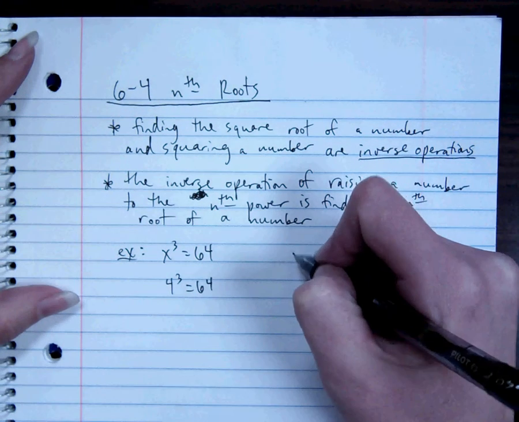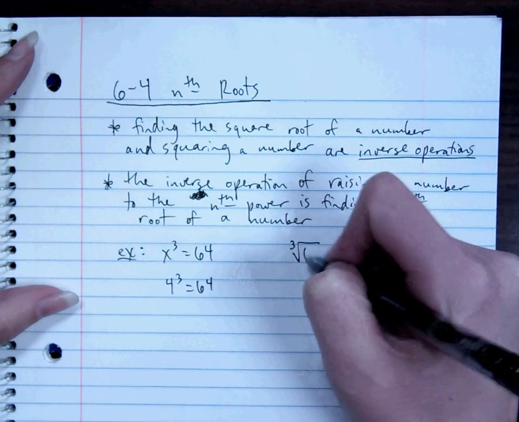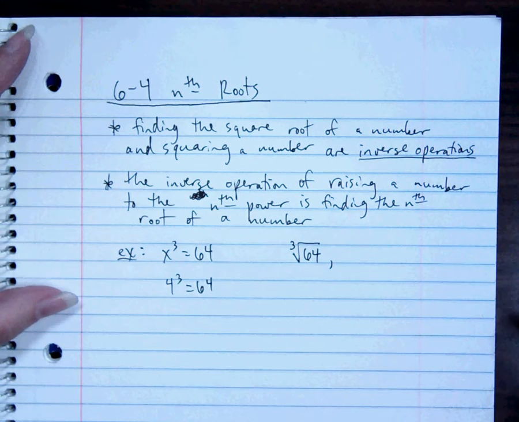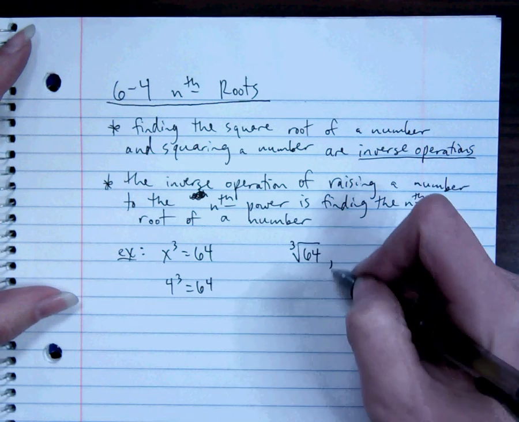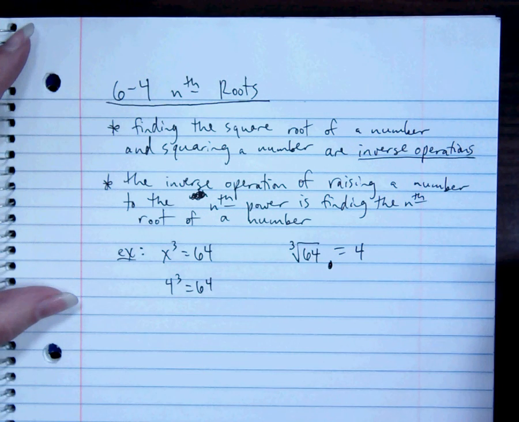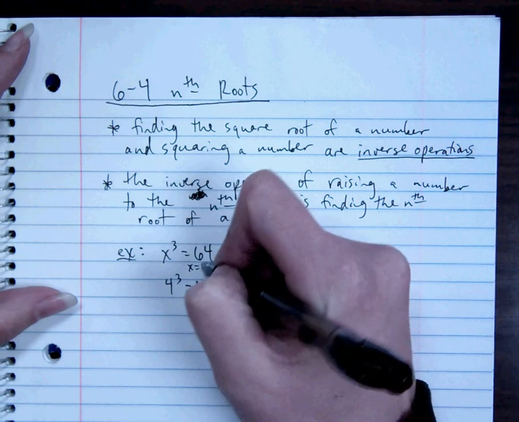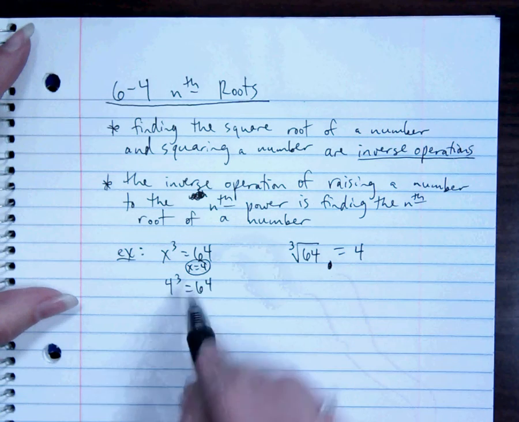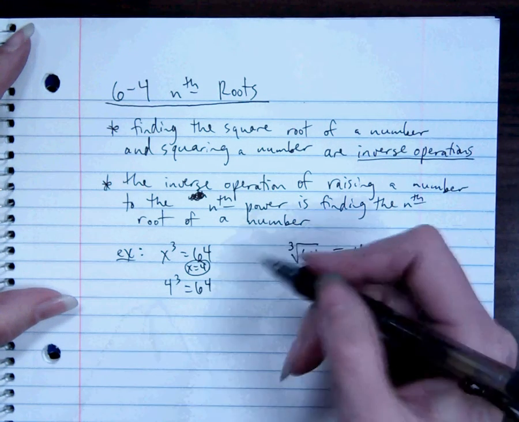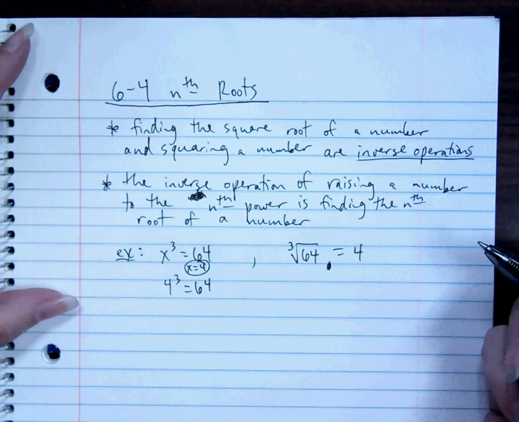If I was asking you, what's the cube root of 64? I'm asking you what times itself, 3 times, is giving me 64. And so the answer to that is 4. So on this one we figured out, hey, x is 4, because we know this statement is true. Over here we're saying cube root of 64 then is 4. These things go together here.